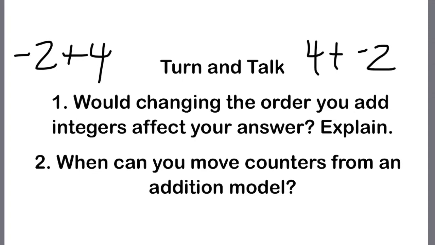When it comes to multiplication and addition, we can use the commutative property, and order does not change the answer. So if you know the answer to -2 plus 4, you also know the answer to 4 plus -2.